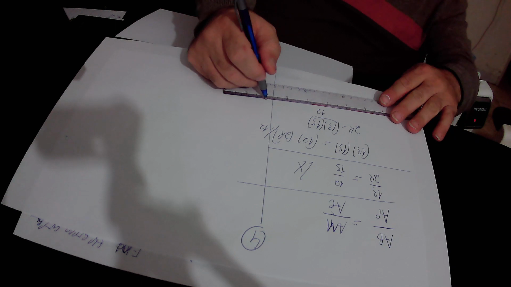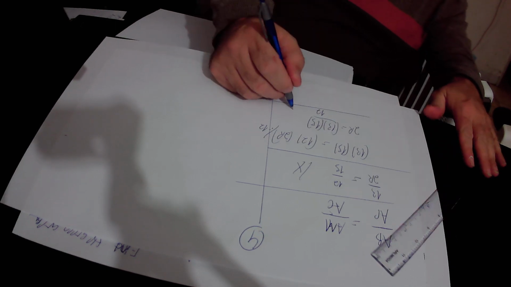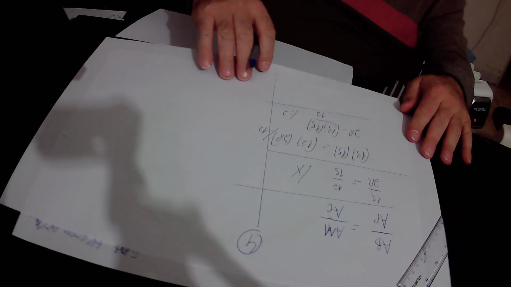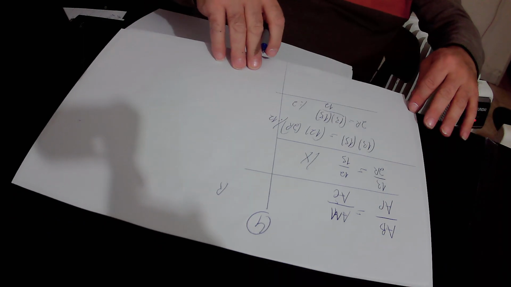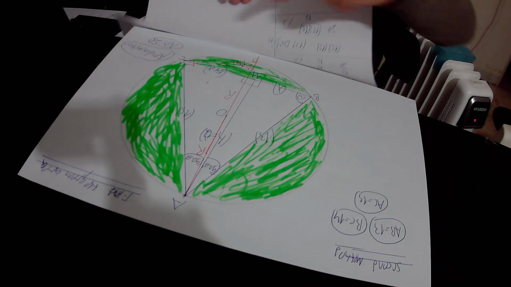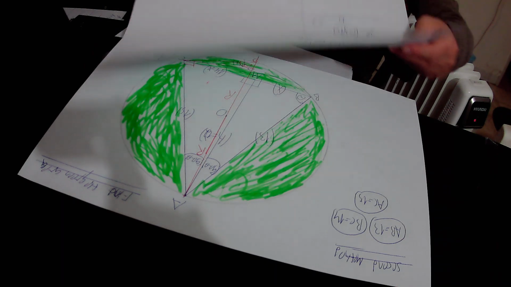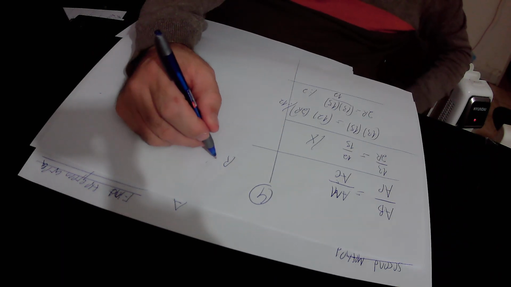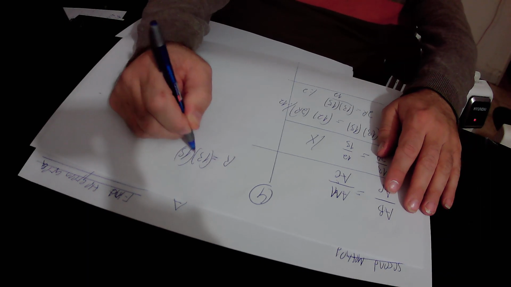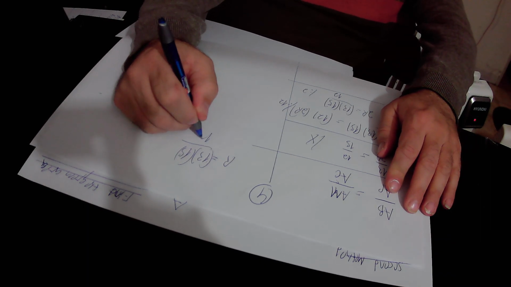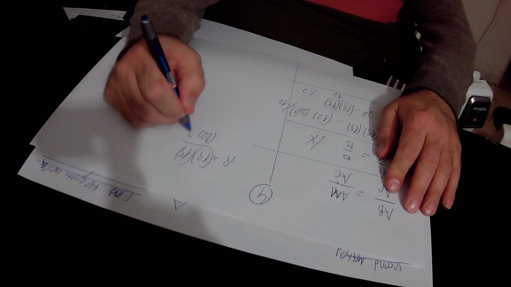So here we divide this equation by 2, and finally we get that R, the radius of this circle, is equal to 13 times 15 over 12 times 2.